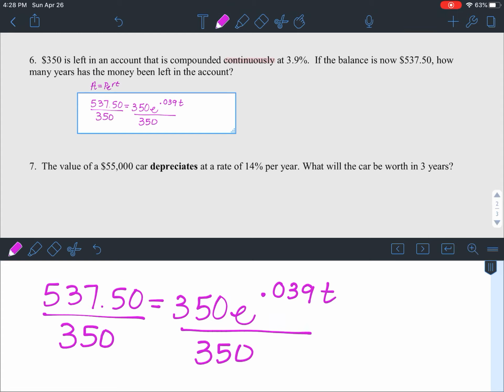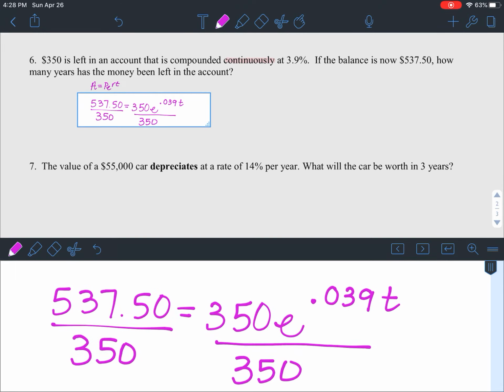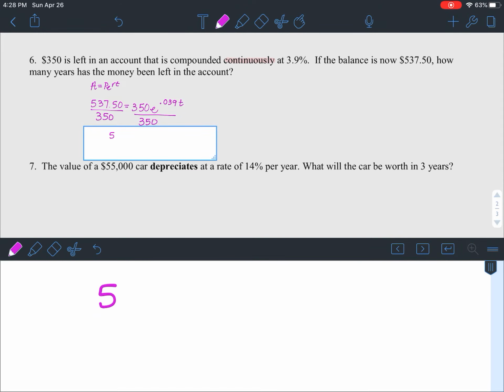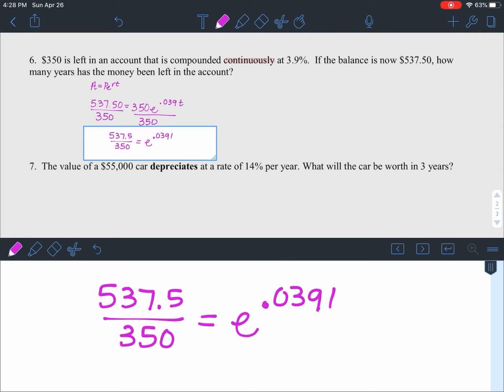Now I want it pretty exact, so I want that 537.5 over 350 equals E to the 0.039 T. You can put that in your calculator right now.